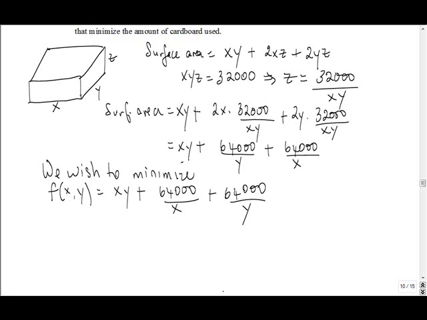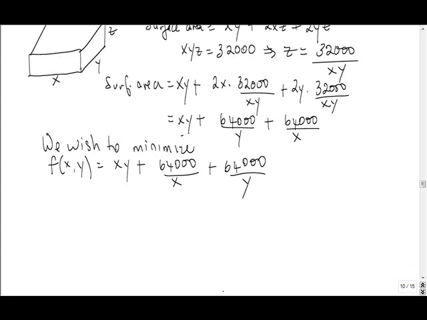Alright, let's find the first partials. The partial of f with respect to x, that leaves us with y minus 64,000 over x squared. Put this equal to 0. Y minus 64,000 over x squared is 0.